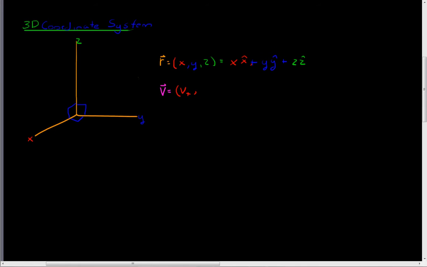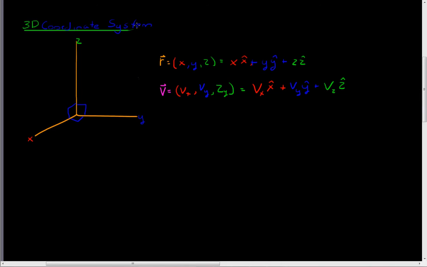The velocity's x component, the velocity's y component, the velocity's z component, is also equal to Vx hat plus Vy hat plus Vz hat.